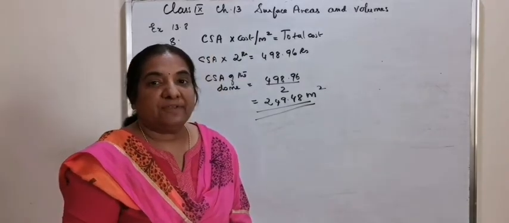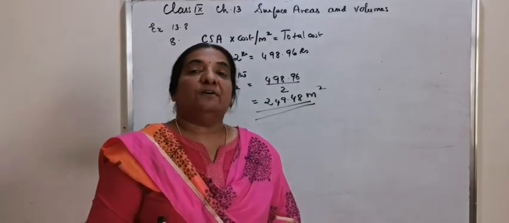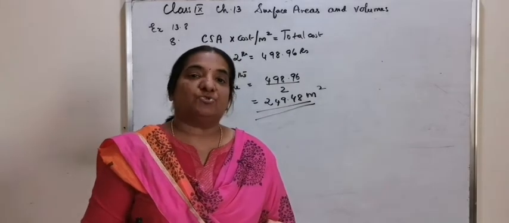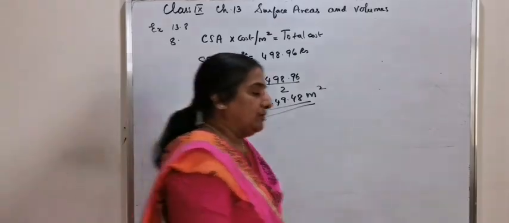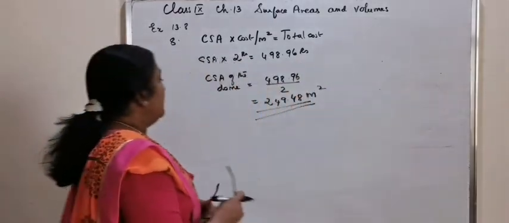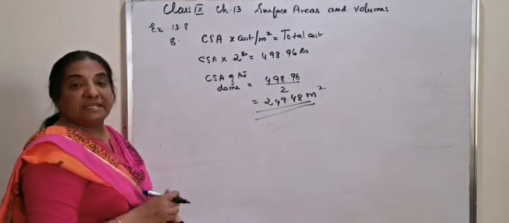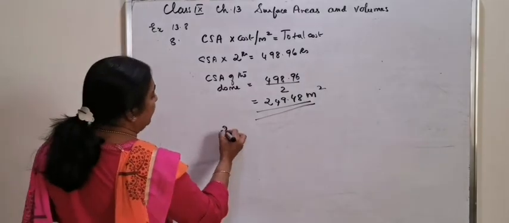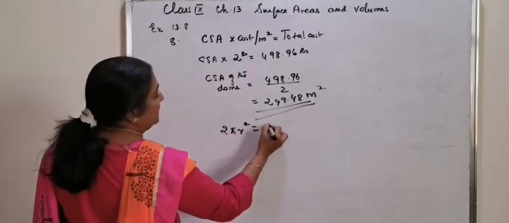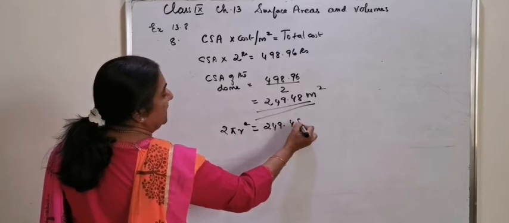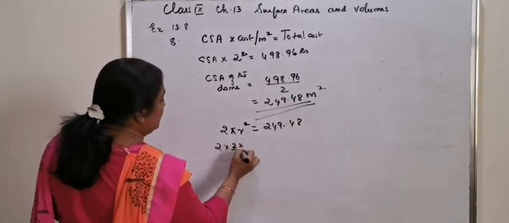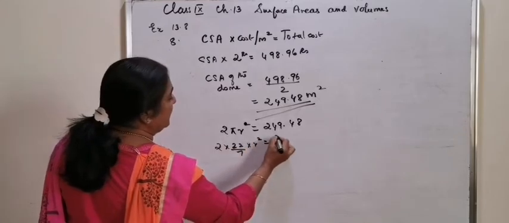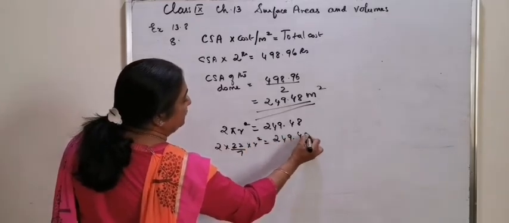To find the volume of the air, we have to apply the formula for volume of a hemisphere as 2 by 3 pi r cubed, where the radius has to be found out. So using the formula of curved surface area of a hemisphere, 2 pi r square is equal to 249.48, or 2 into 22 by 7 into r square is 249.48.